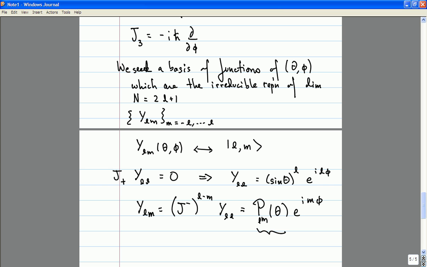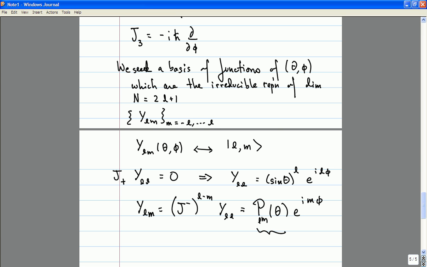They're the spin L representation of the rotation group, just written as functions of theta and phi. They're those functions of theta and phi that live in the spin L representation of the rotation group.